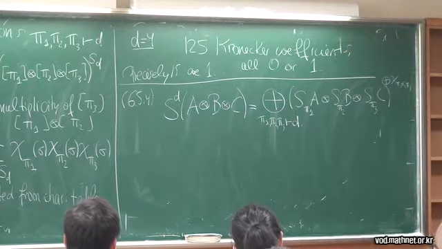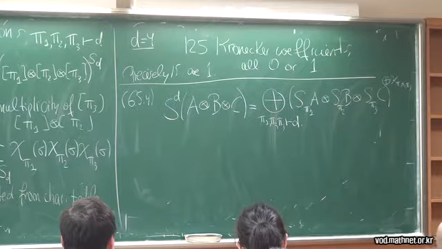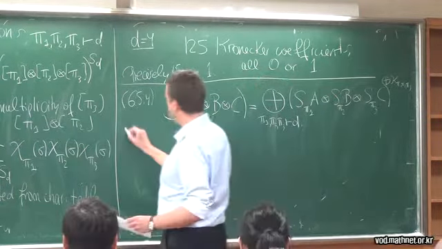That's what we just learned. And if d is 4, then these are all 1 or 0. But for larger values of d, you get some bigger integers. Okay? And so here's my 15 things.